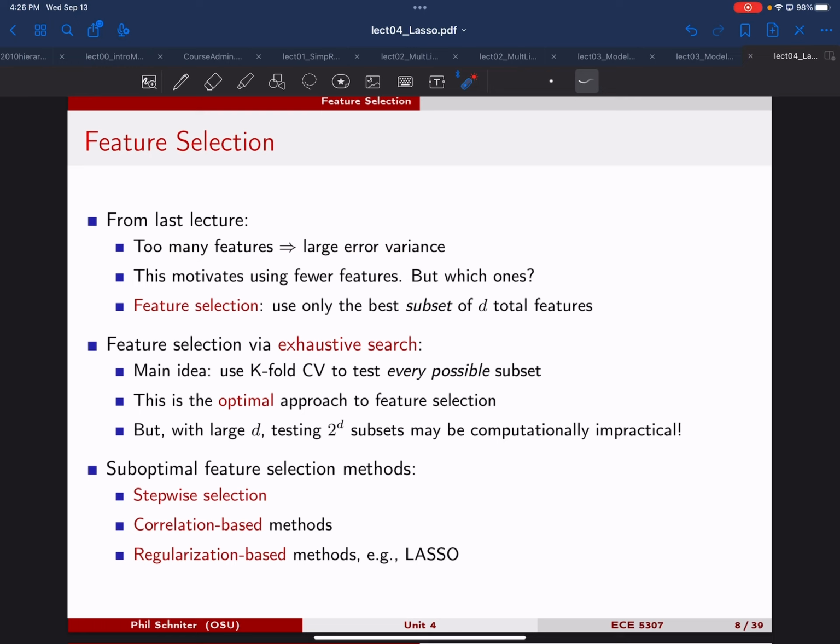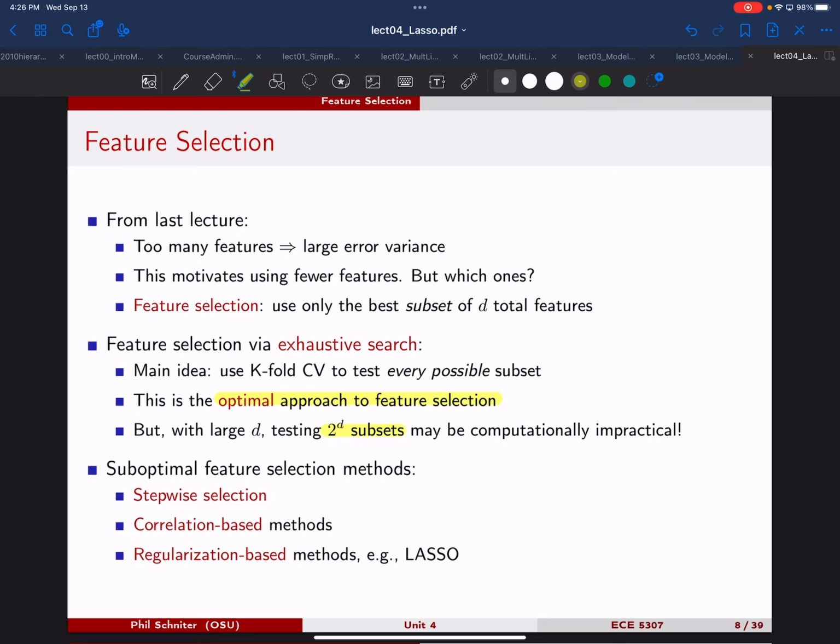So basically, there's the optimal method. And the optimal approach is pretty simple to describe. You construct every possible subset of features. We said that there's 2 to the power d of them. So that could be a lot if d is large.